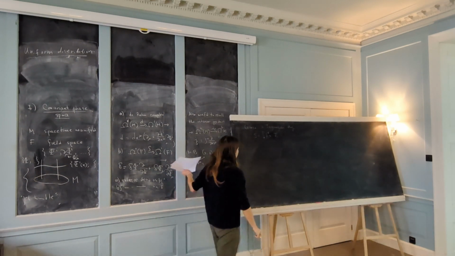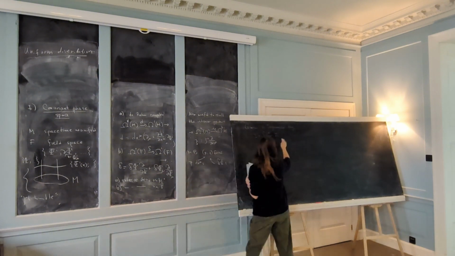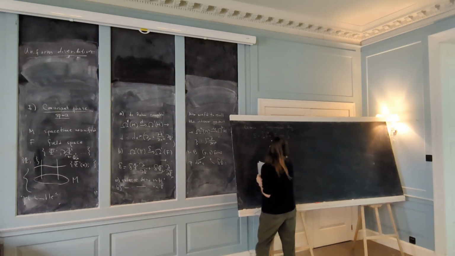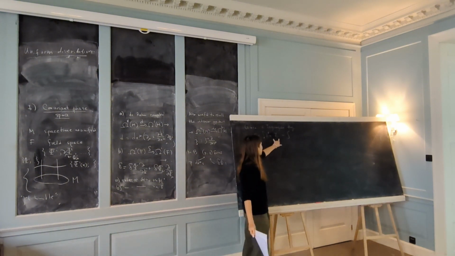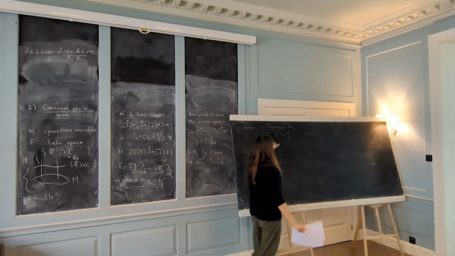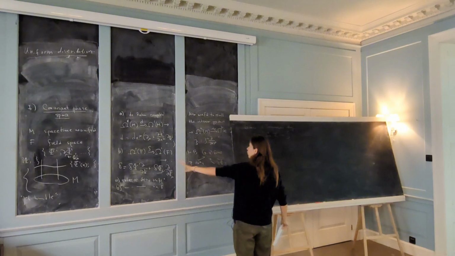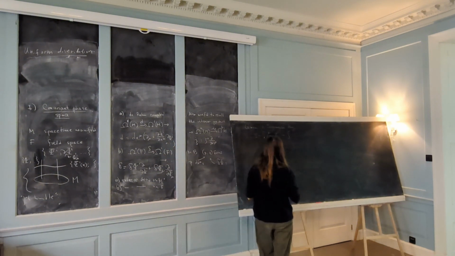However, we can basically reformulate this. So usually the Lagrangian is a scalar. It's a function of the fields, a function on field space, really a function on this jet bundle.